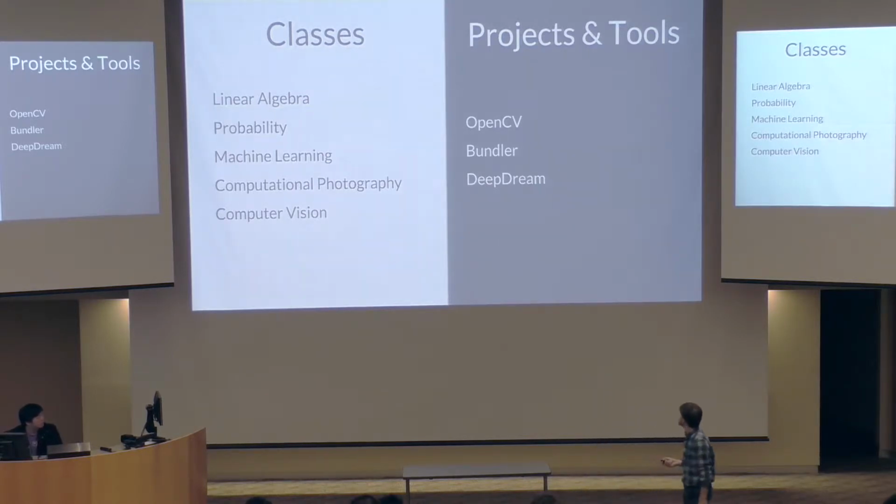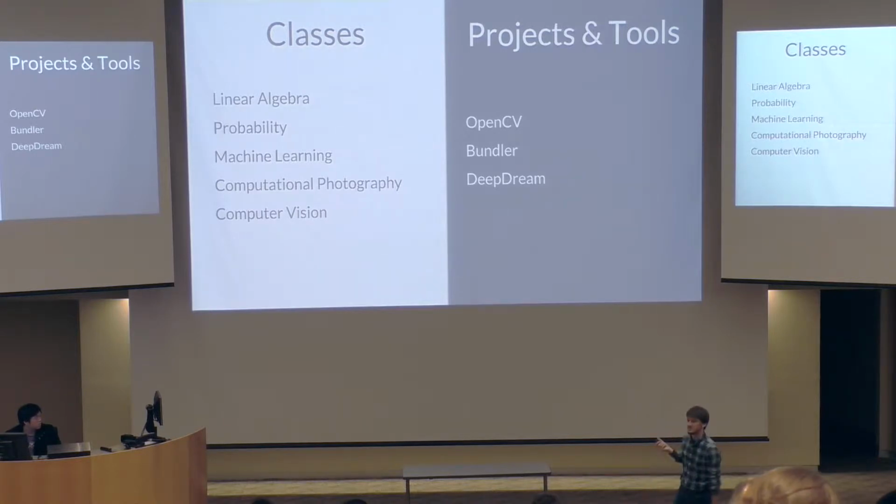Then for projects and tools that you can start working with. Like I mentioned, there's Google Deep Dream. That code is now available on GitHub. Google's very nice about that. You can start putting in your own images and training it, seeing what strange dreams it comes up with. Bundler, which was one of the tools that we were planning to use in reconstructing 1404, where we didn't have enough pictures.